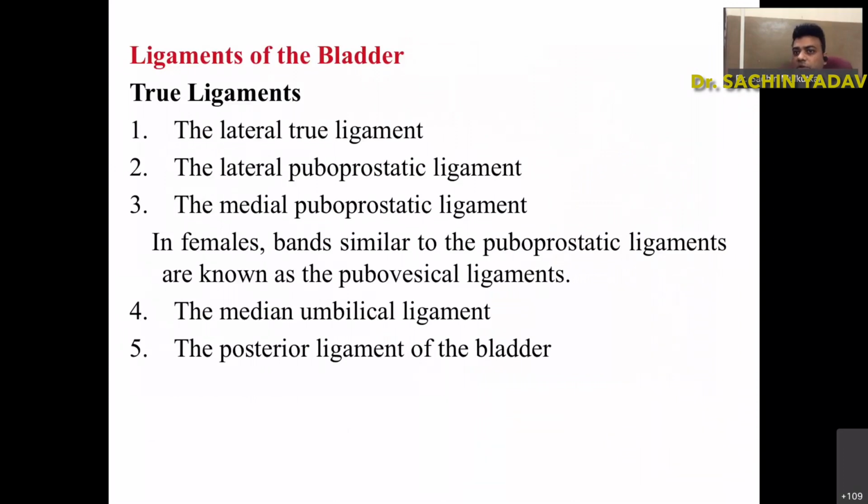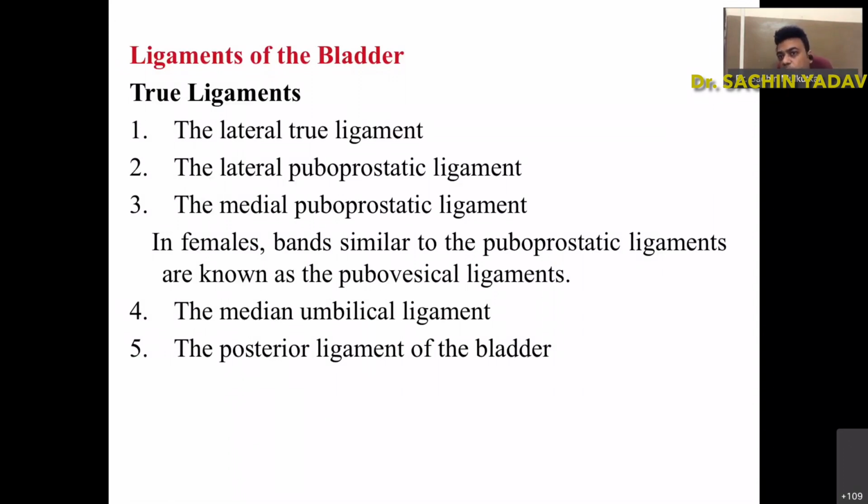Okay, what are the ligaments attached to the bladder? So true ligaments. So they are the lateral two ligaments attaching the bladder to the pelvic wall. The lateral puboprostatic ligament, means from the posterior surface of the pubic bone to the lateral surface of the prostate gland.